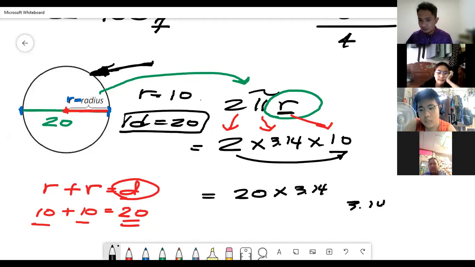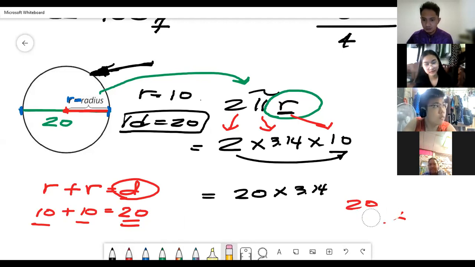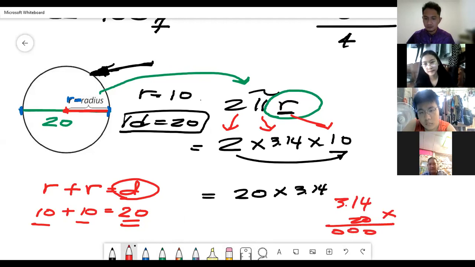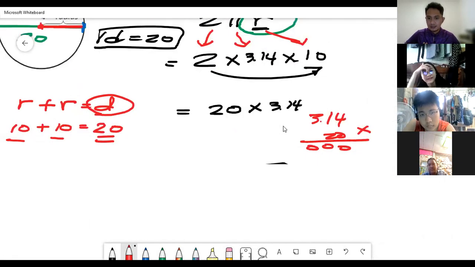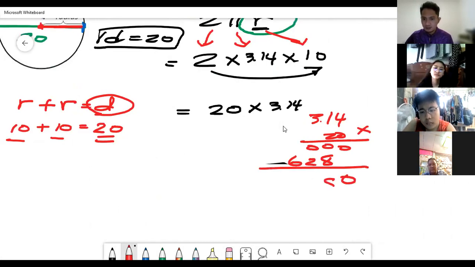So 3.14 times 20. 0, 0, 0. 2 times 4 is 8, 2 times 6 is 12... 0, 8, 2, 6.